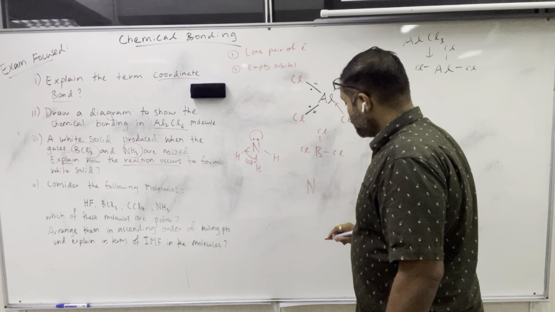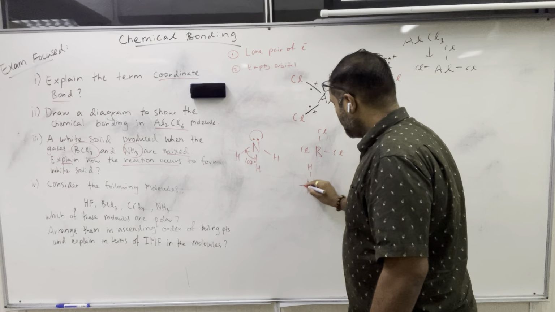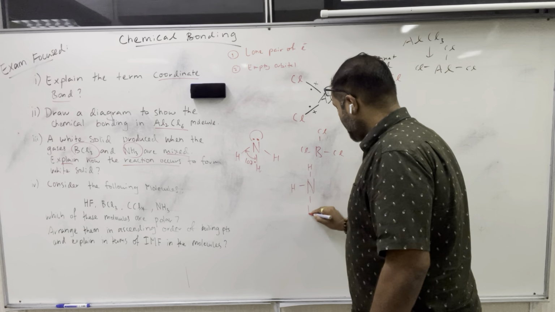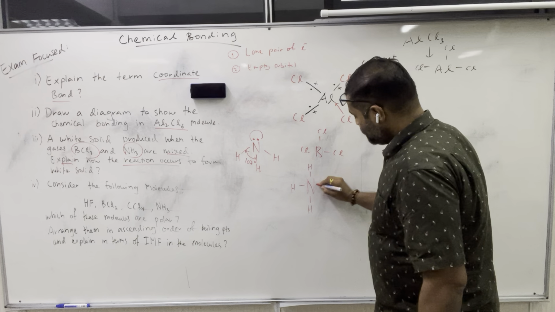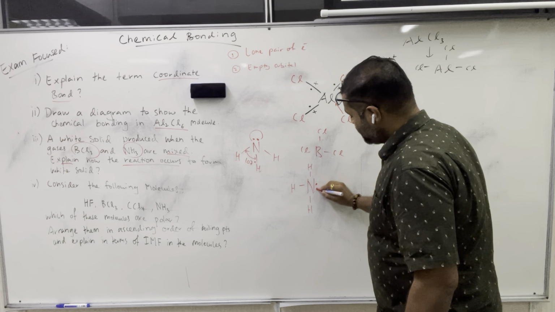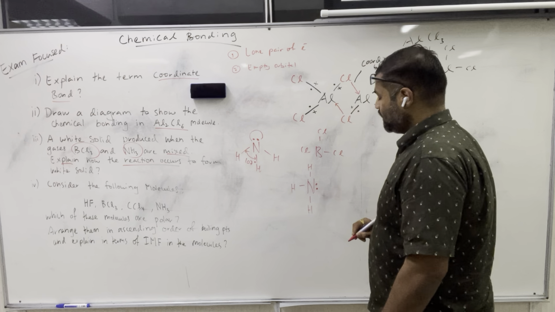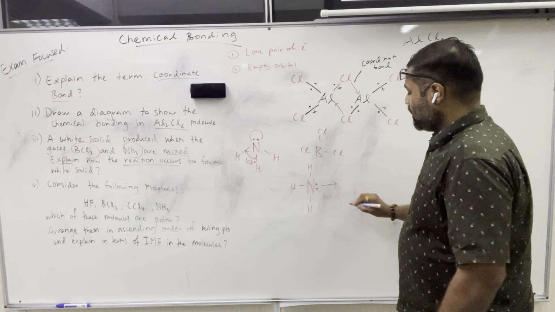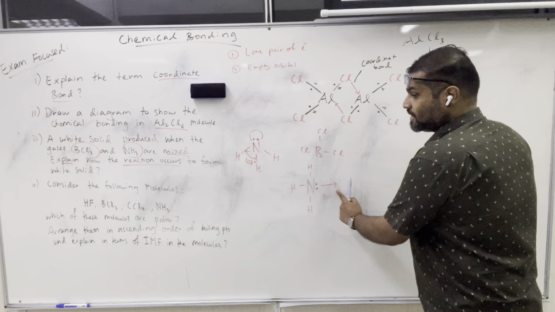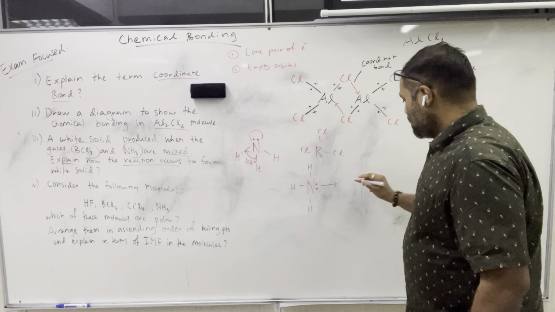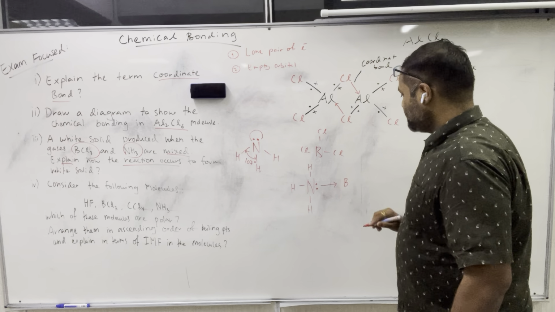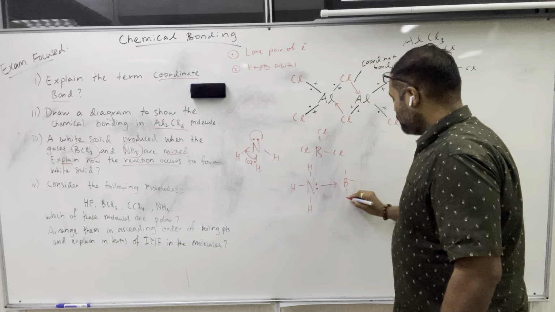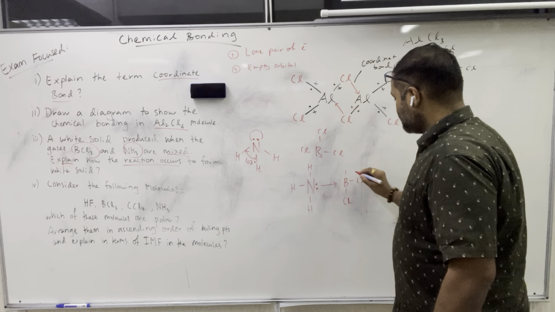We know that ammonia, NH3, shows a lone pair here, and we point the arrow, because the arrow represents the dative bond, to the boron, which has the empty orbital, where boron has 3 chlorine atoms.